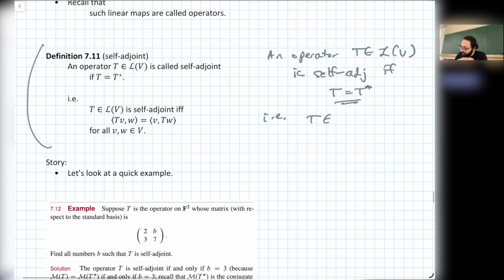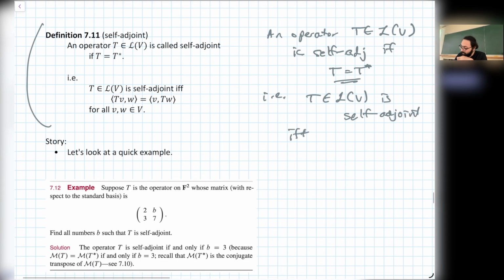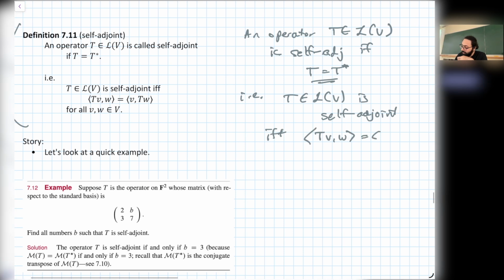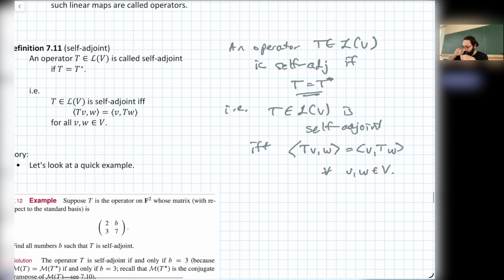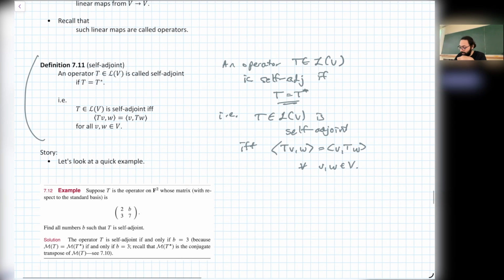So one can say T in L(V) is self-adjoint if and only if <Tv, w> is the same as <v, Tw> for all v, w in the vector space. Is that okay? Is the definition okay? Okay. All right.